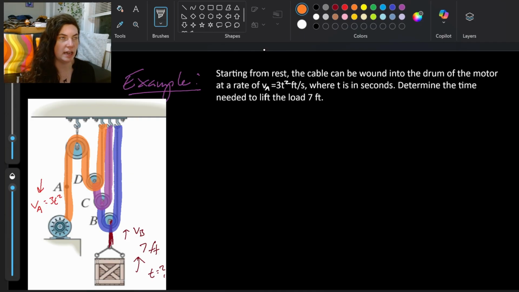So 3 different cables at work here, meaning we're going to have 3 different length equations to work with in order to relate A all the way through all of these pulleys to B.